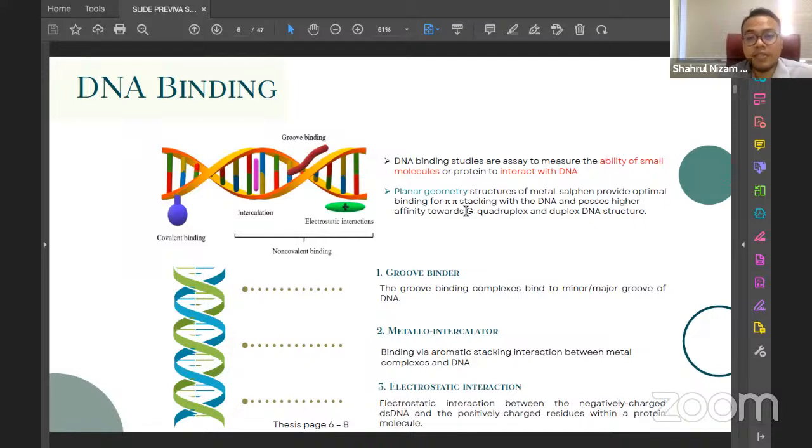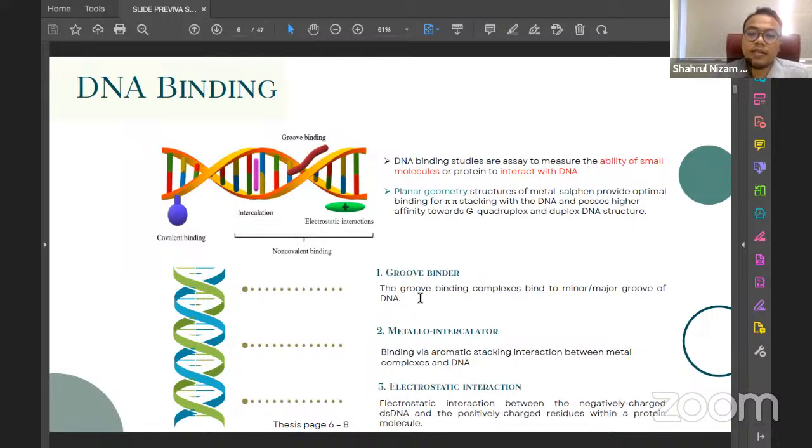The planarity of the structure of the complexes is very important to us because with that geometry, we can predict the mechanism of the DNA binding. We believe the binding between DNA and our metal complexes is through intercalation because of this planarity.